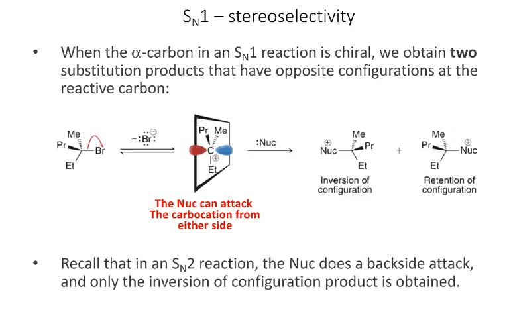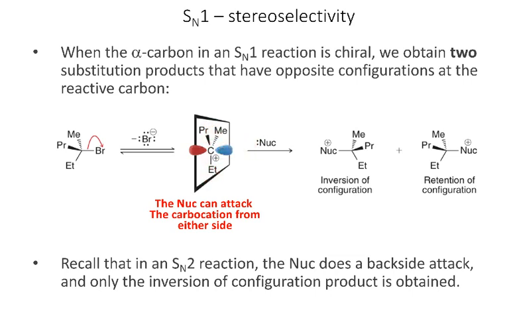Okay, finally, we want to consider the stereoselectivity of SN1 reactions. If you remember, in the case of SN2 reactions, we have the backside attack that results in the inversion of configuration, and so we only see the inversion of configuration product. In the case of SN1 reactions, because we're going through this carbocation intermediate that is essentially planar, the nucleophile can attack from either side.